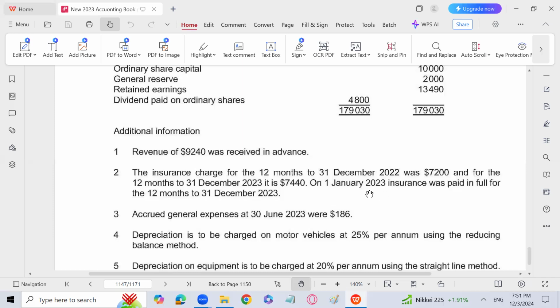It means that the 6-month insurance is also prepaid, because we have paid the insurance from January till 31st December, although our financial year basically starts from 1st July 2022 till 30th June 2023.